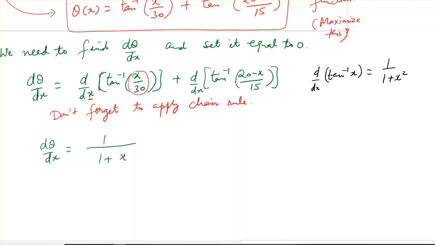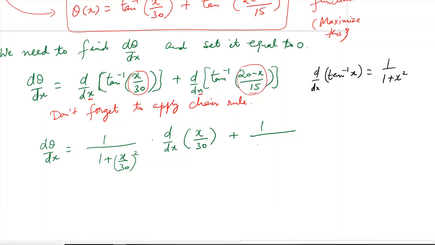So the angle here is x over 30, squared. But by the chain rule, we also need to take the derivative of x over 30. Similarly, for the other part, using the formula, we again have a different expression inside the bracket, so the angle is not x, and we use this whole expression in place of x.